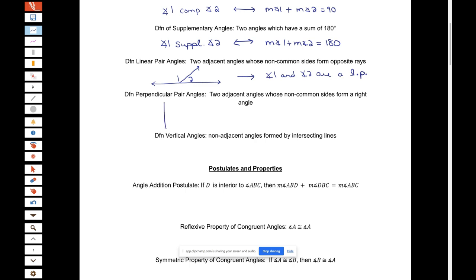So if we see a picture here like this, okay, we have two adjacent angles, 1 and 2, whose non-common sides form a right angle, then we can conclude that they are a perpendicular pair. Angle 1 and angle 2 are a perpendicular pair.